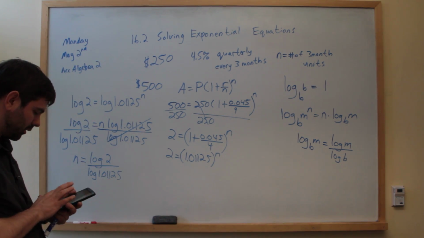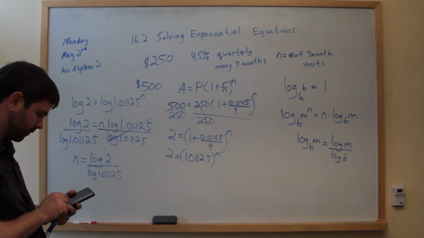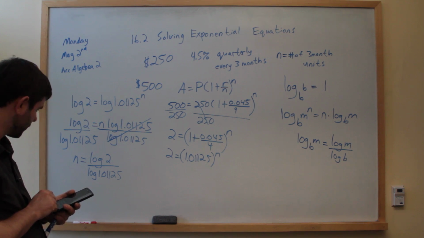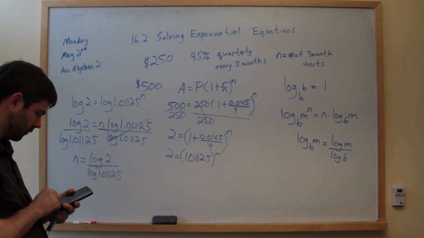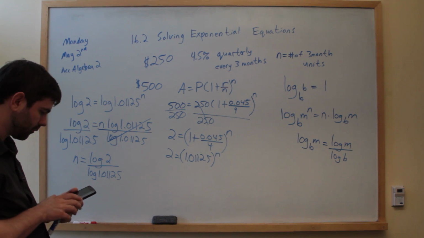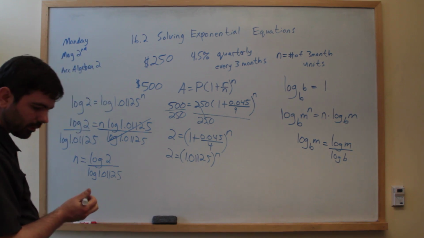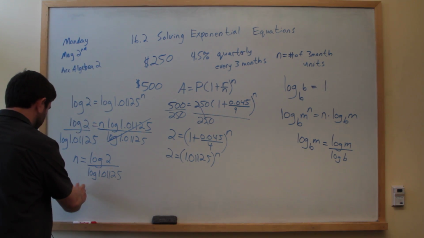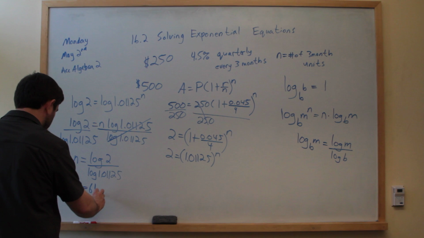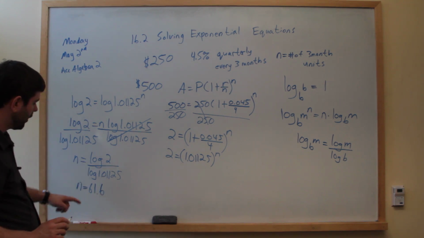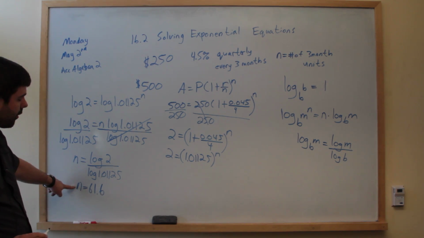We will get log of 2... I'm getting 61.6. This is quarters, so this is 3-month units.